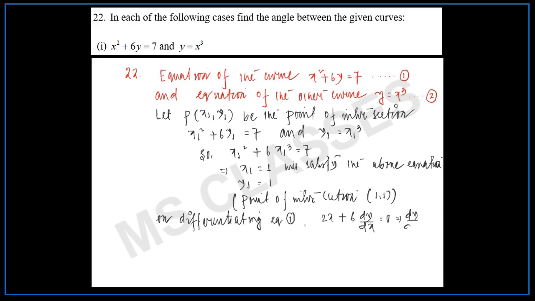So dy/dx equal to minus x by 3. Therefore, dy/dx at the point 1 comma 1 equal to minus 1 by 3. We mark this as equation 3.